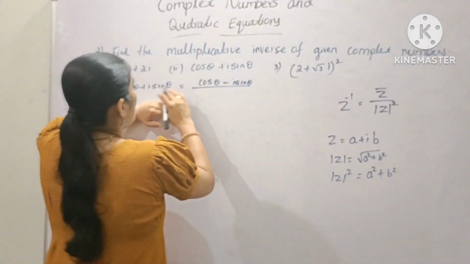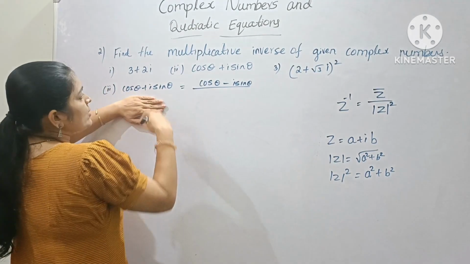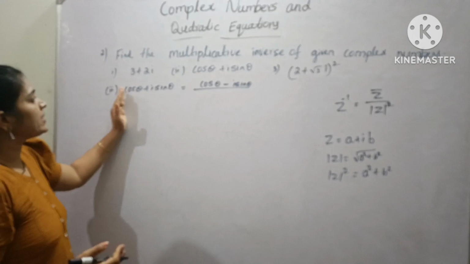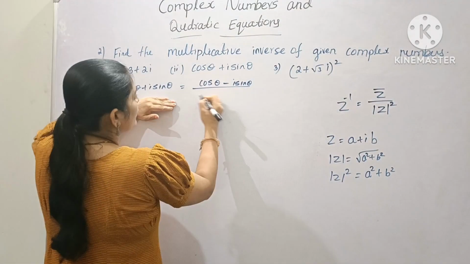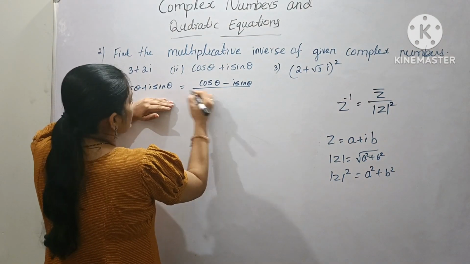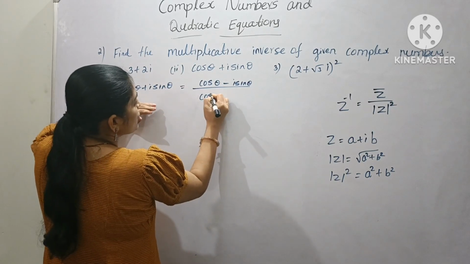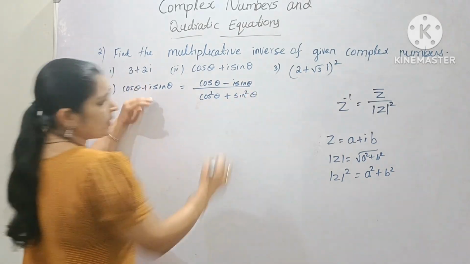So cos theta minus i sin theta divided by its modulus square. Modulus of z is the square root of cos square theta plus sin square theta. So the square of the modulus of this complex number is cos square theta plus sin square theta.